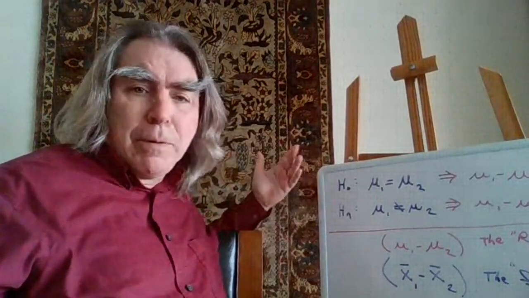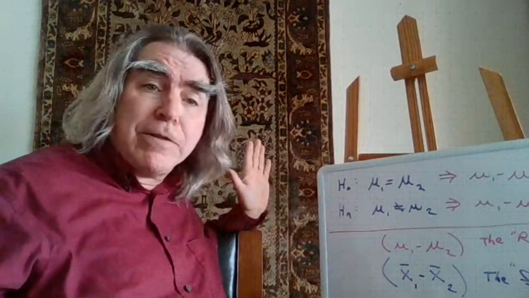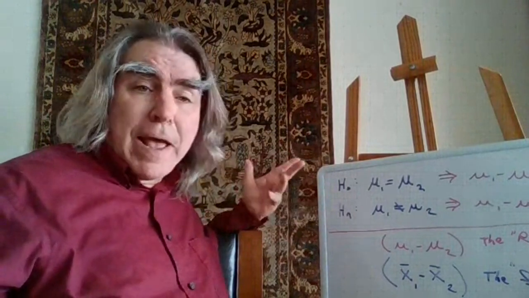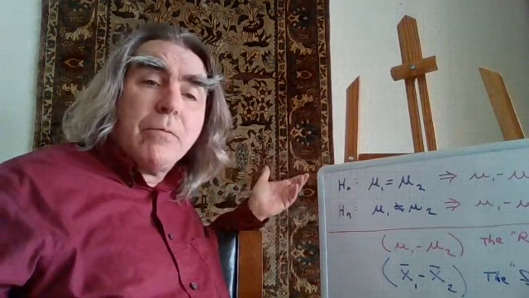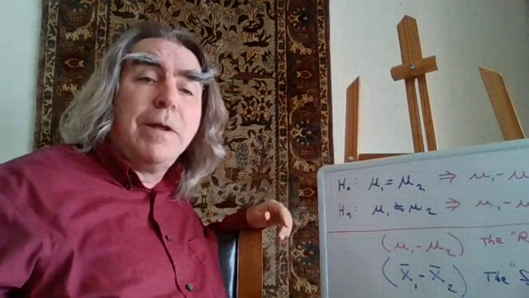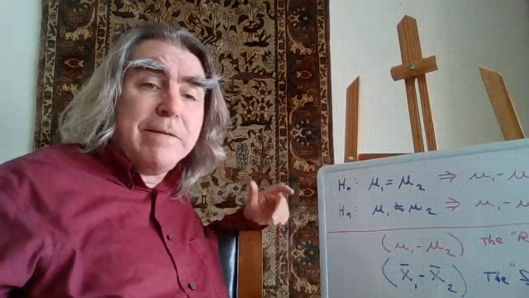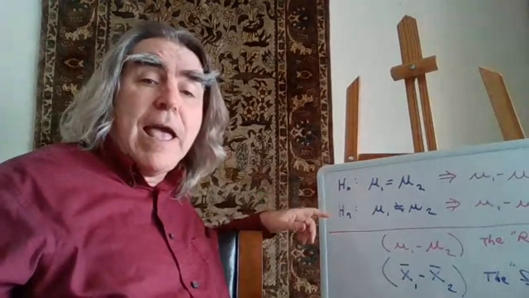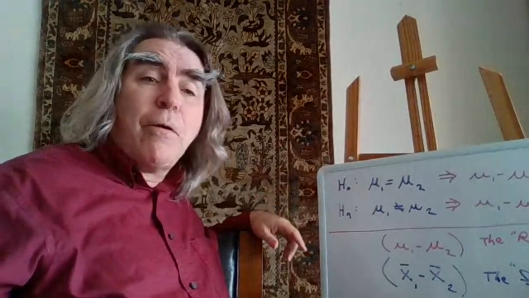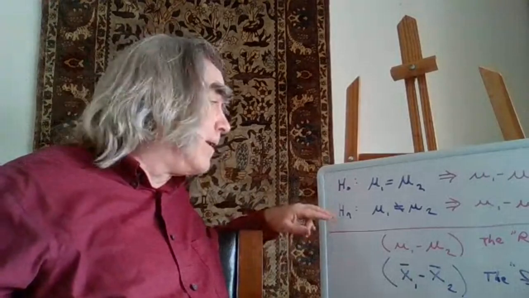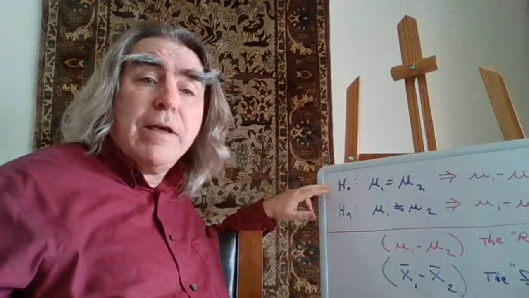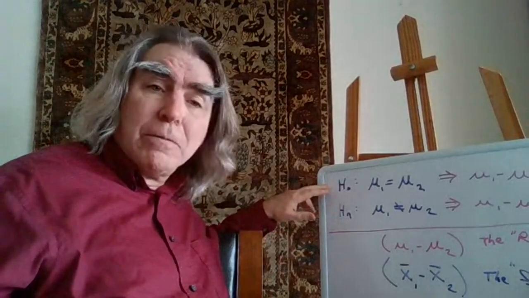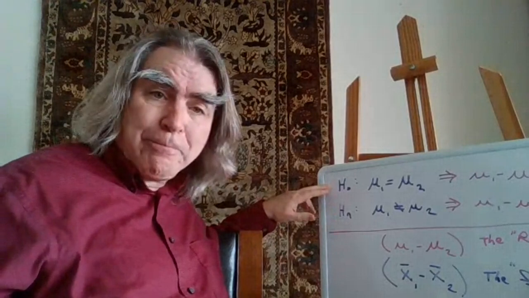So these two, H0, HA, are the same as we would have before. The null hypothesis is what we would continue to believe if there was not strong evidence against it. HA, we will believe only if there is strong evidence that H0 is not likely to be true.